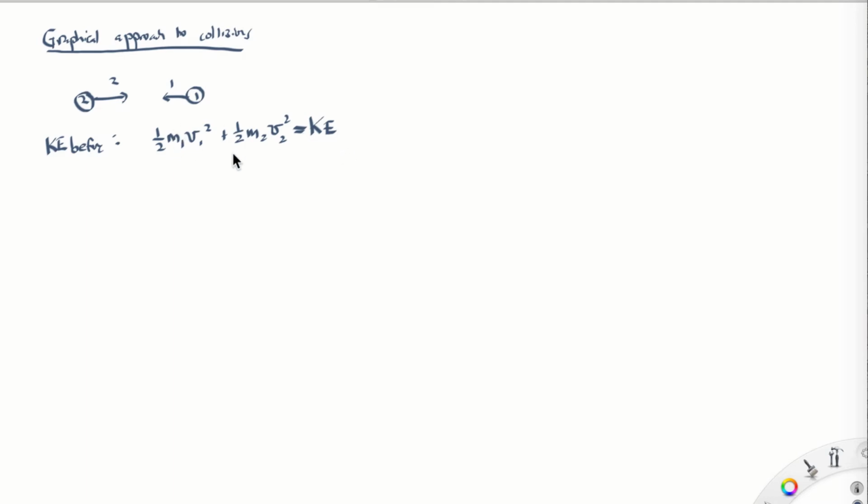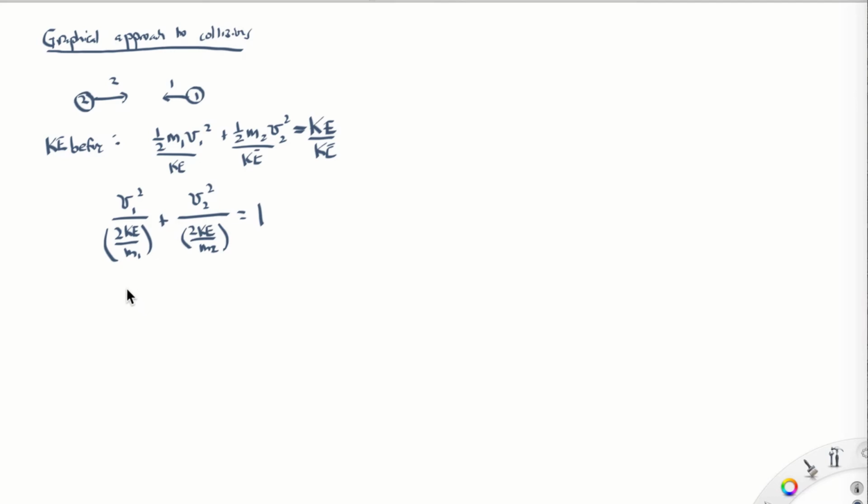Okay, now I'm going to rearrange this formula a bit and represent it graphically. I'm going to divide both sides by the kinetic energy, and then rewrite this as v1 squared over 2 times the kinetic energy over mass 1, plus, you'll see why I'm doing this in a moment, v2 squared over 2 times the kinetic energy over mass 2, equals 1.